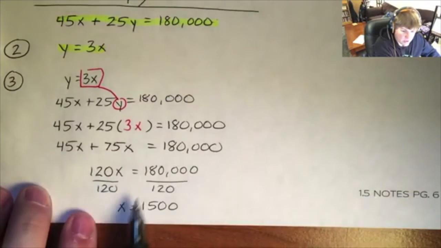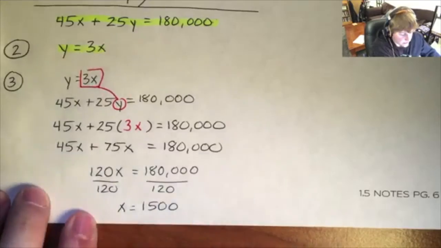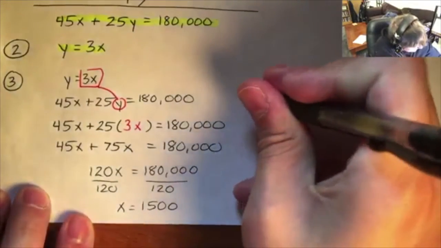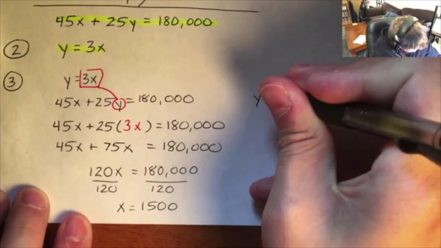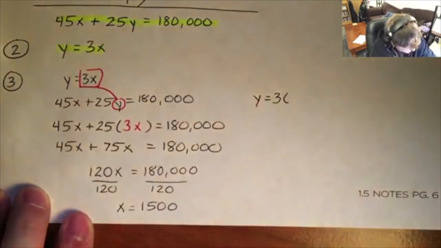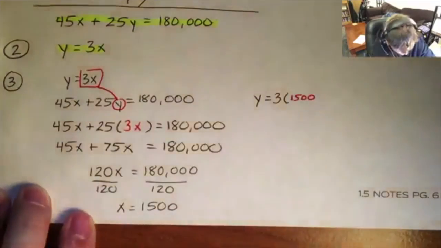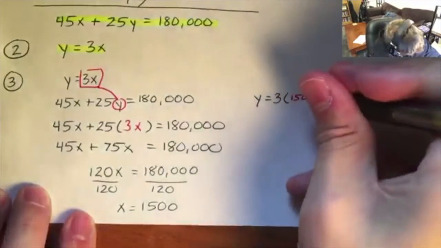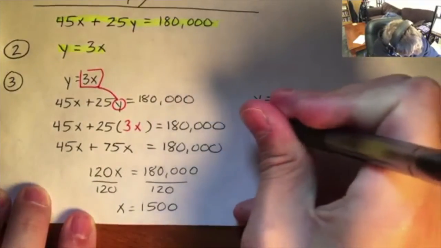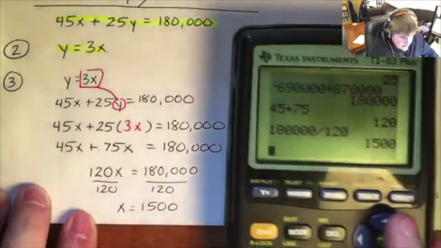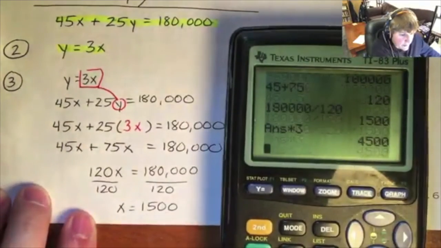Okay, so now I just want to figure out if x is 1,500, what's y? Well, I can go ahead and plug it into this one. So I'm going to say y is equal to 3 times 1,500. So y is equal to, well, 3 times 1,500. It's 4,500.